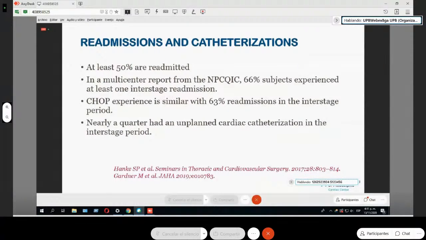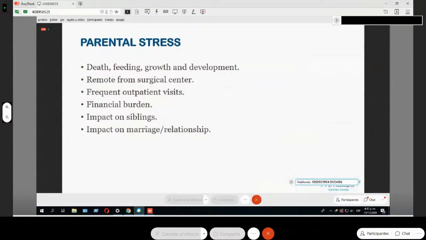En cuanto a las readmisiones y cateterizaciones, al menos 50% de los pacientes son readmitidos. En nuestra propia experiencia, al menos 60% de estos bebés son readmitidos debido al periodo de interestadio. Al menos un cuarto presentó cateterización no planeada durante este periodo interestadio.